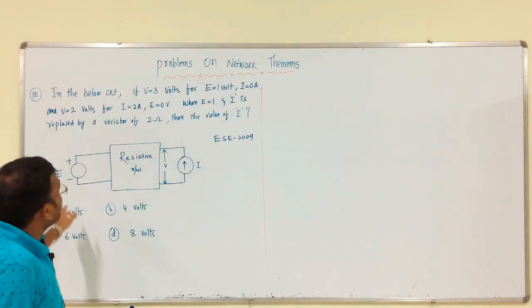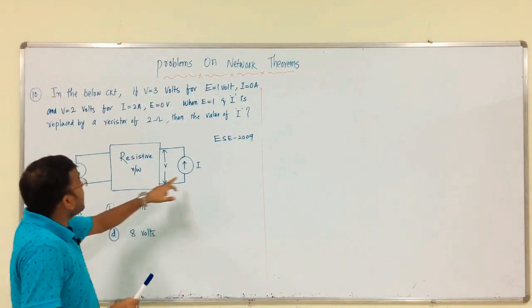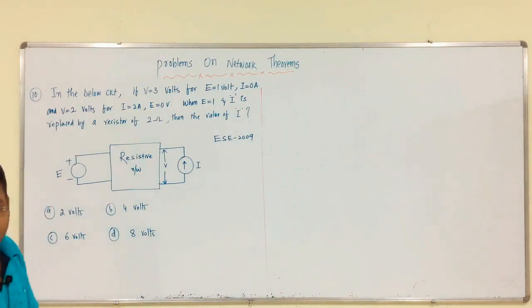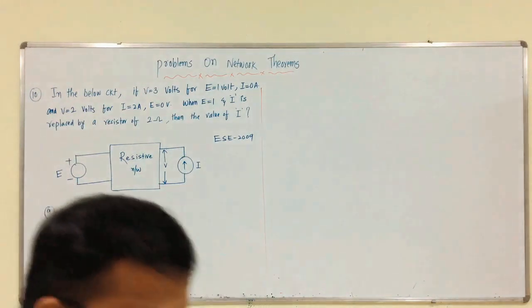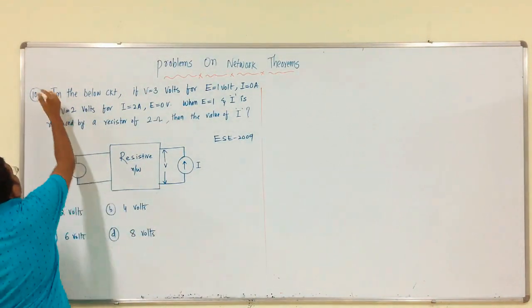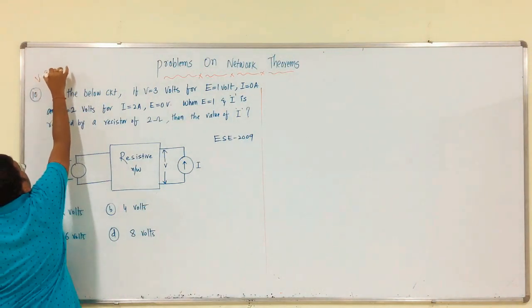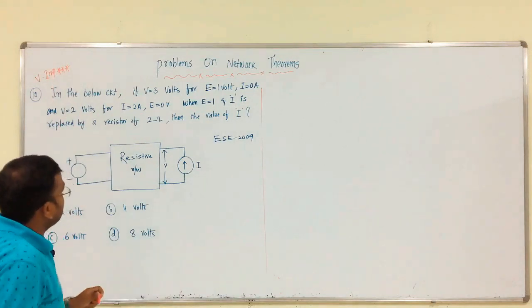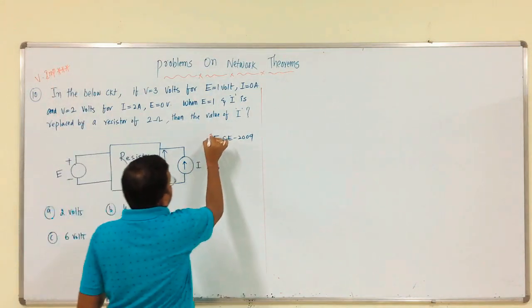Then, for E equal to 1 and I replaced by a resistance, find the value of I. This is also a very important and very good problem.